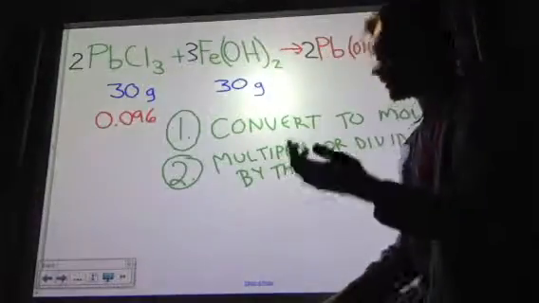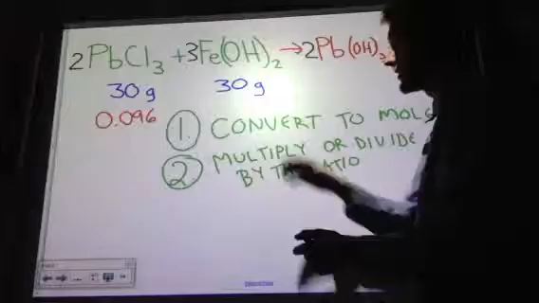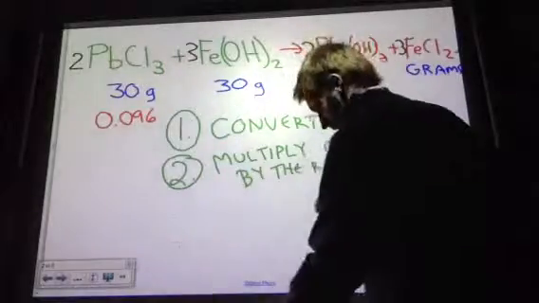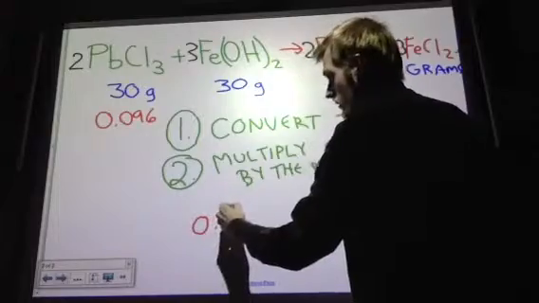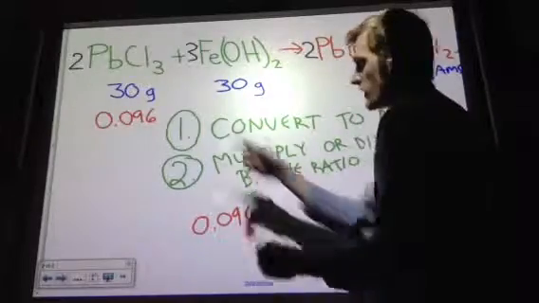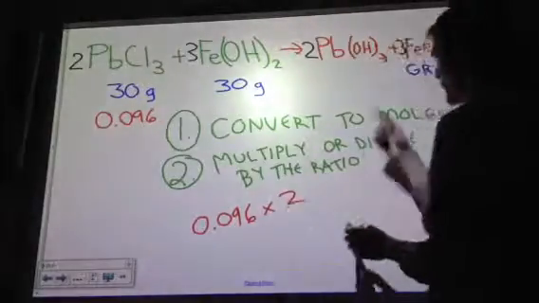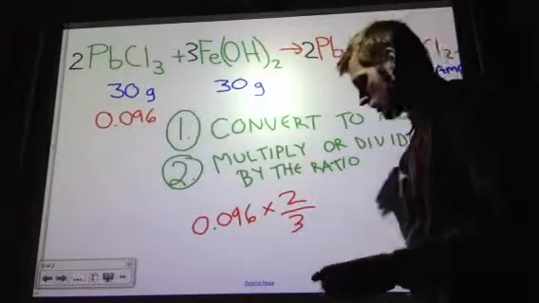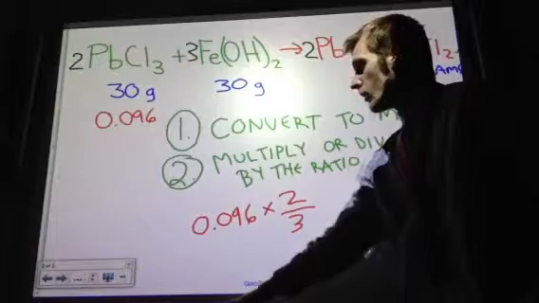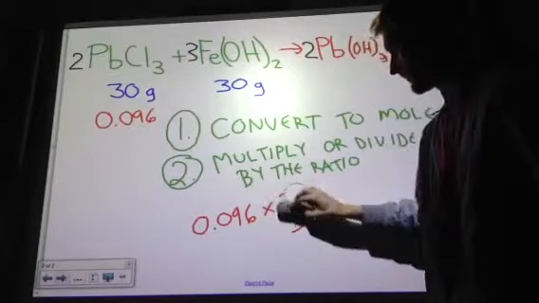What I like to do, you never get it wrong this way, is start with that, do it in red because it's moles, 0.096, multiply by what you start with, times 2, divide by what you're looking for. Alright? So, sorry, reverse that.